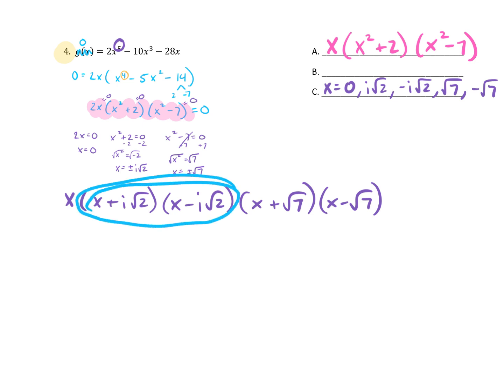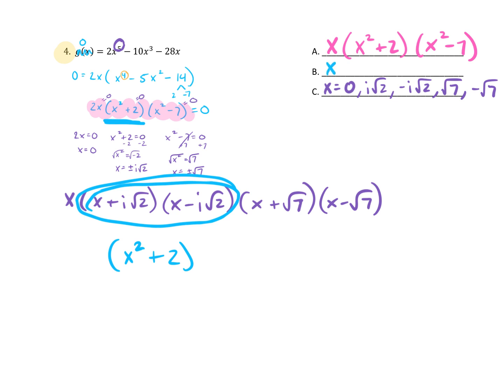So what was the step before I had x plus i square root 2 and x minus i square root 2? Where did these come from? What was the factor? What was the step before? X squared plus 2. So I'm just going to replace the i's part with the x squared plus 2.